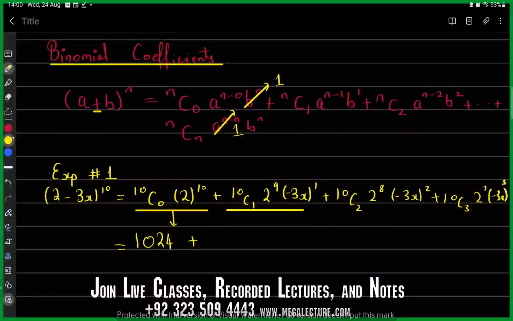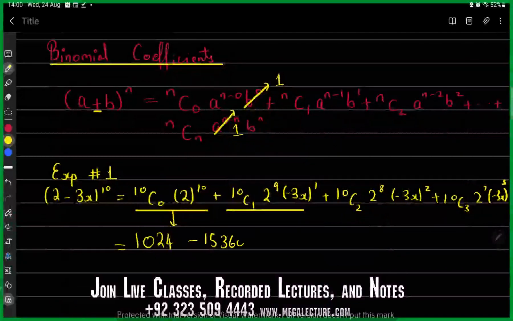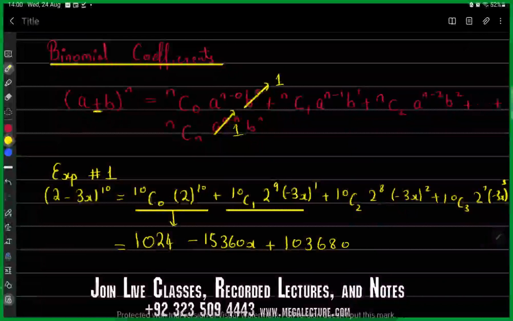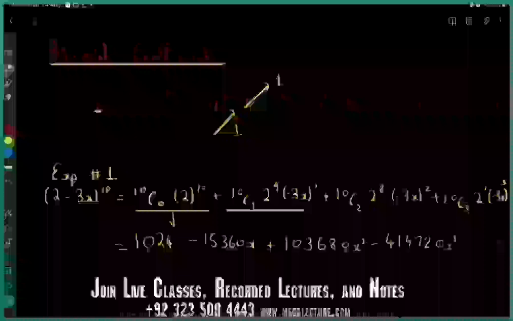So this is going to give you minus 15,360x plus the third term is going to be 103,680x squared, and then the last term is going to be 414,720x cubed. Now, what is important?